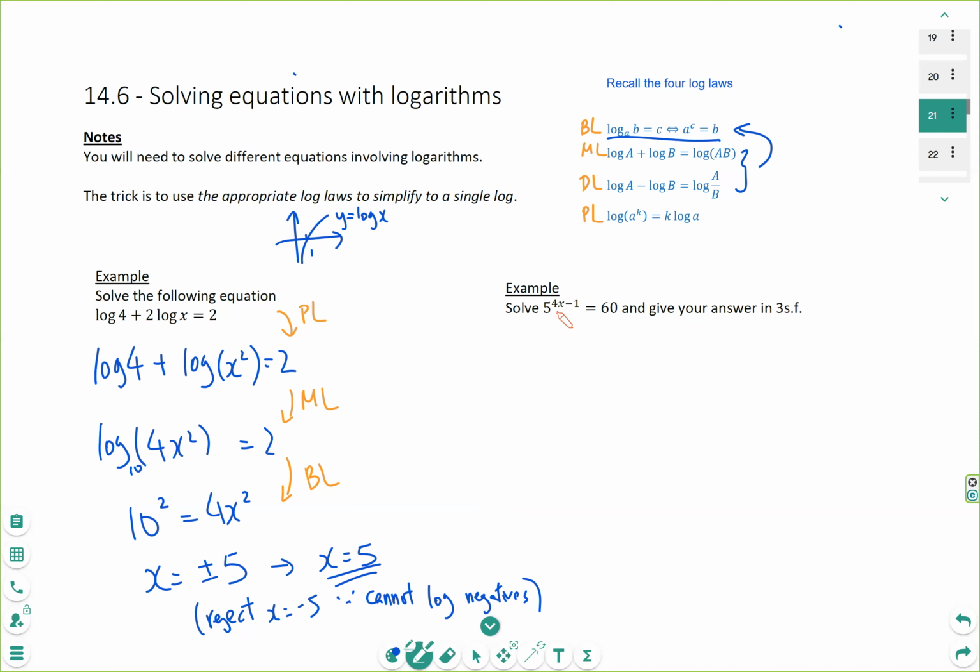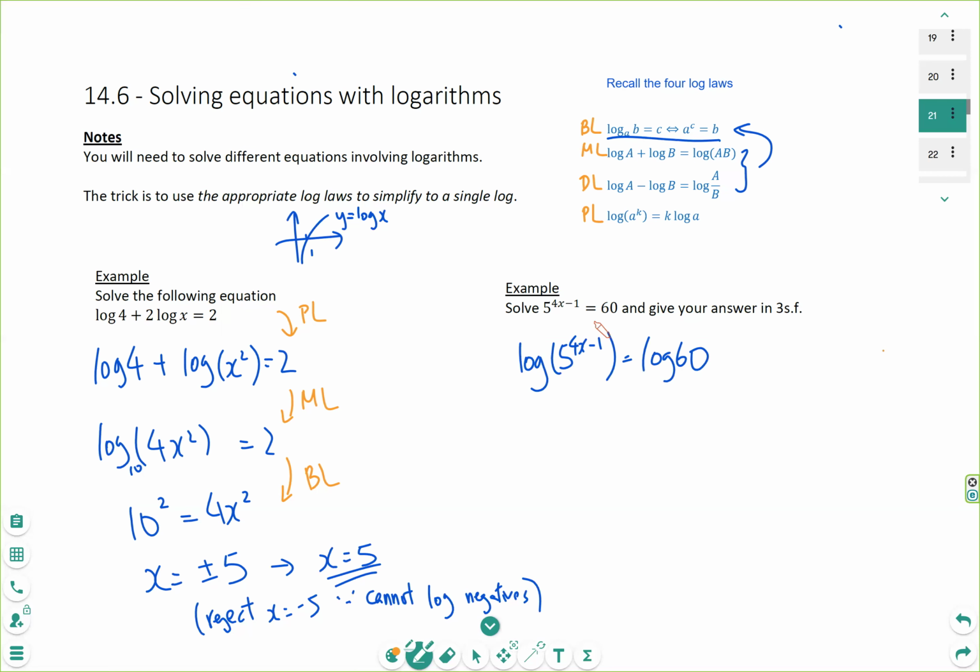Next example: 5 to the power 4x minus 1 equals 60. Give your answer in 3 SF. Now x is in the power, so we can apply log on both sides. So we go log 5 to the power 4x minus 1 equals log 60. Why do I have to do that? The reason is because x is in the power.